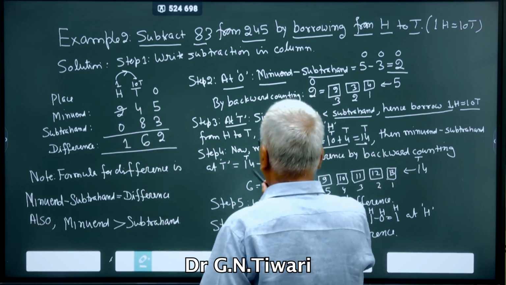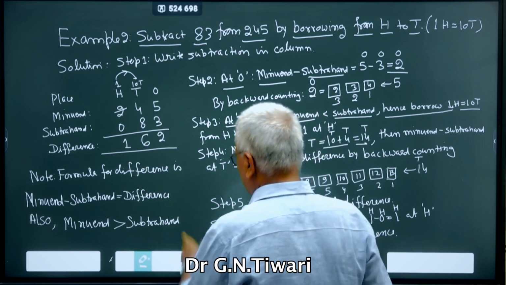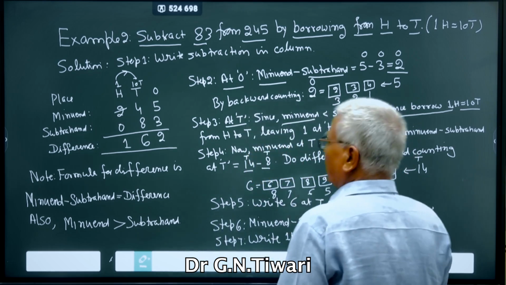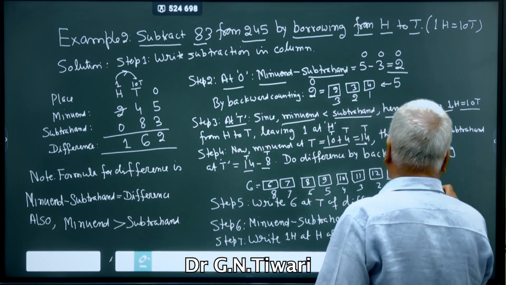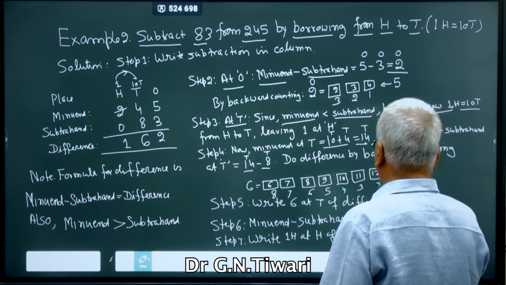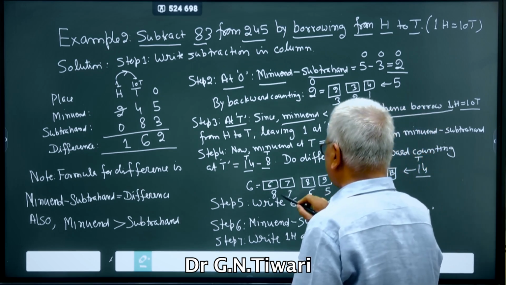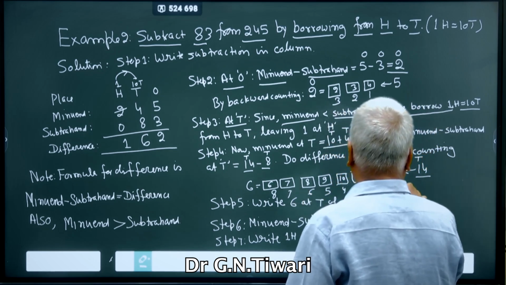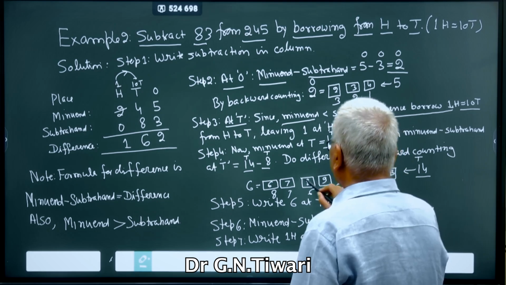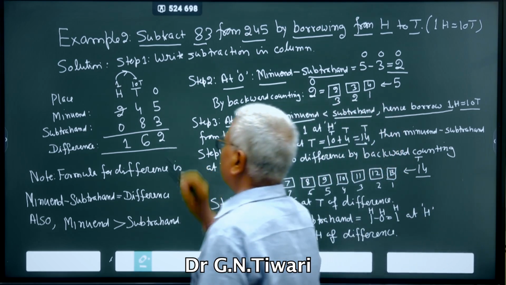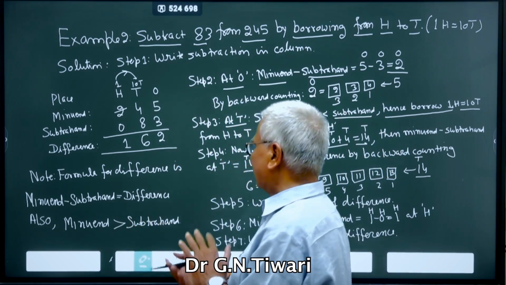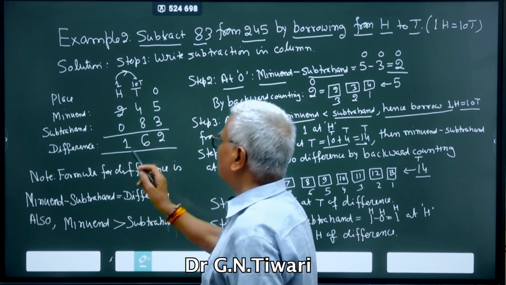Then subtract 14 minus 8 by backward counting. The largest number, the minuend, is here: 1, 2, 3, 4, 5, 6, 7, 8, and just go back 13, 12, 11, 10, 9, 8, 7, 6. So write 6 here. Next, at H, 1 minus 0 is equal to 1.